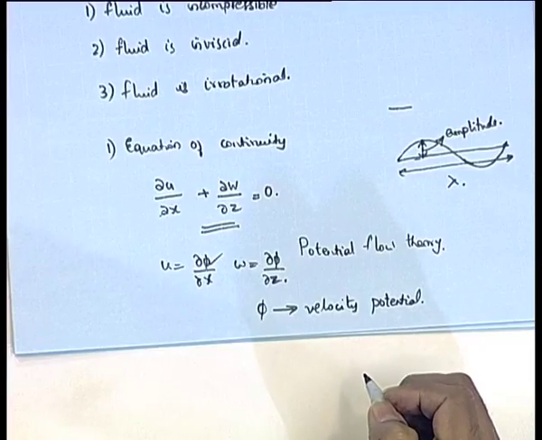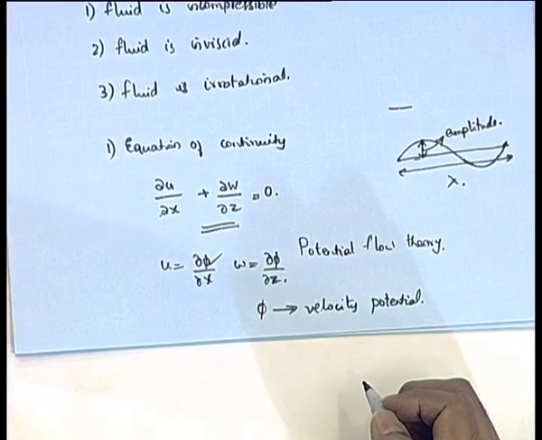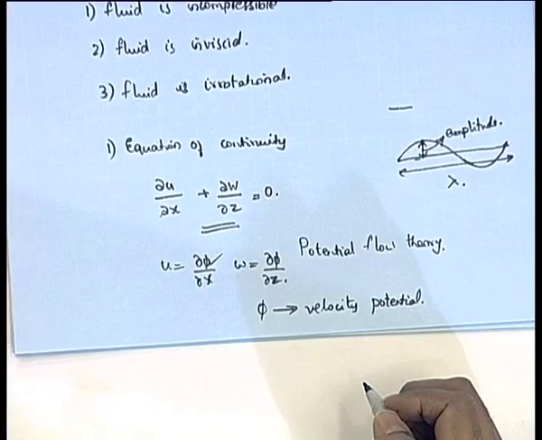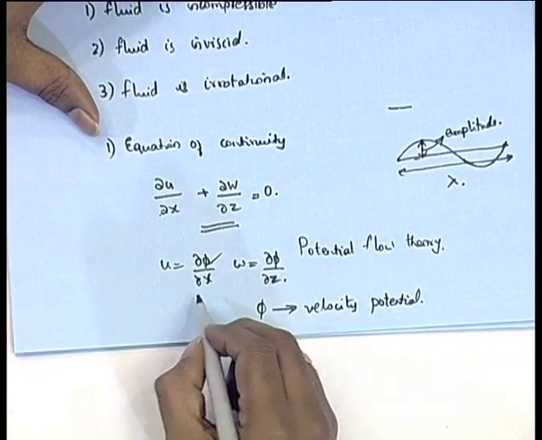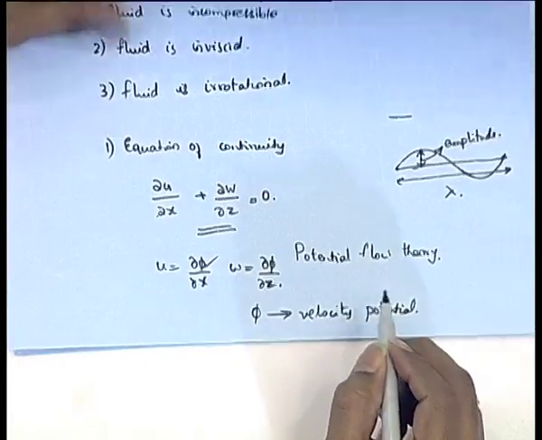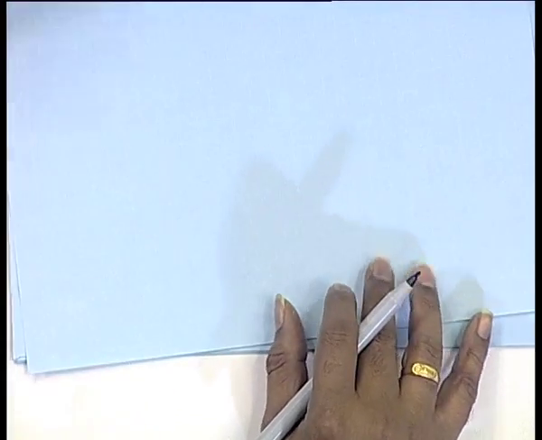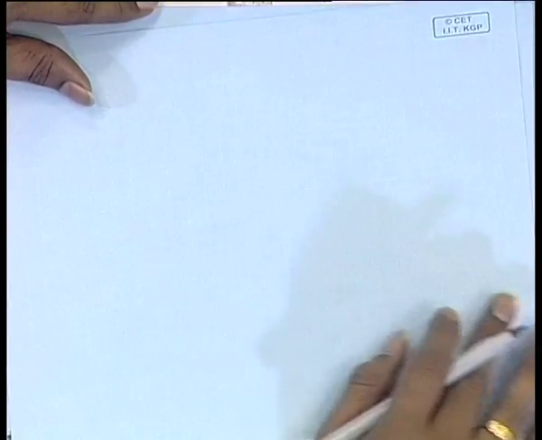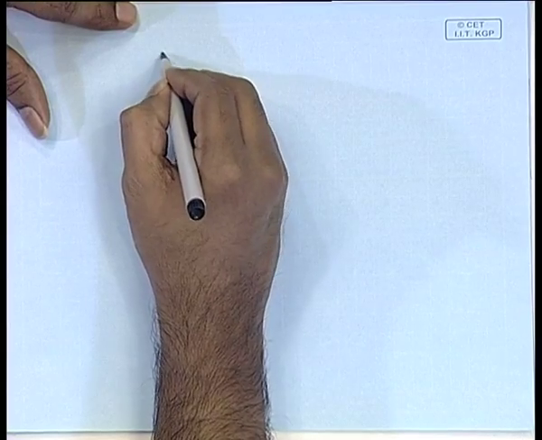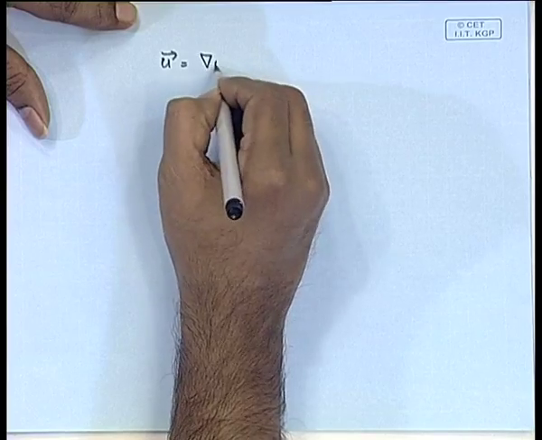This phi is what we call the velocity potential. The two equations that I wrote before, u equal to dou phi by dou x and w equal to dou phi by dou z, can be combined together as u vector equal to del phi.